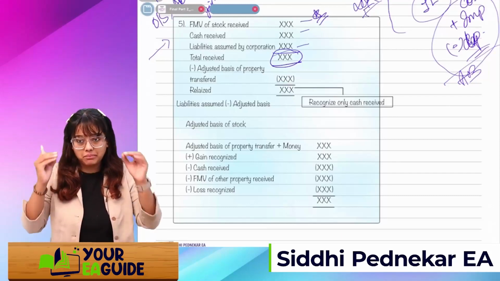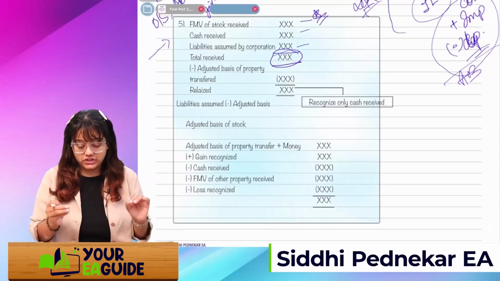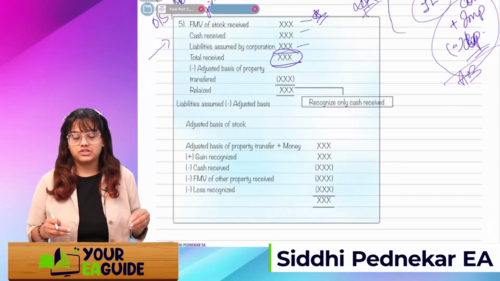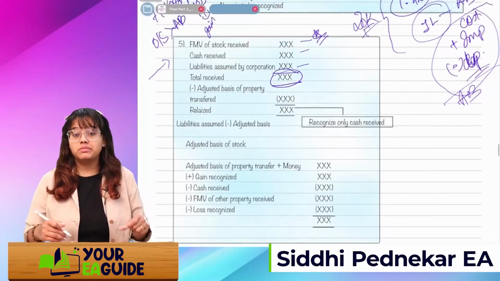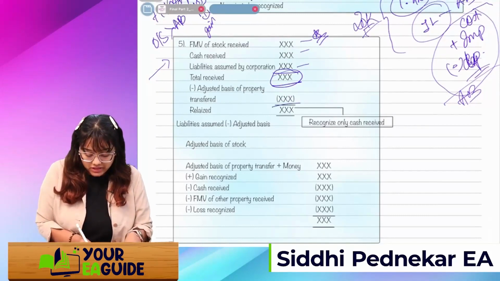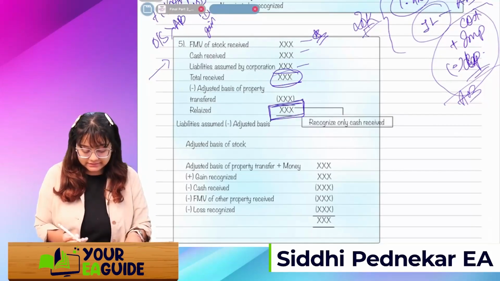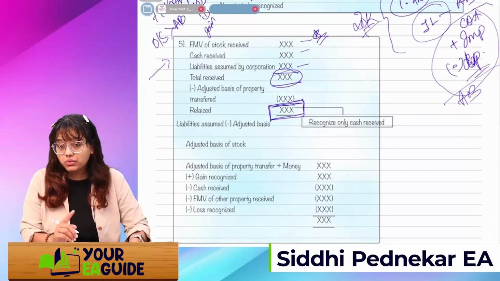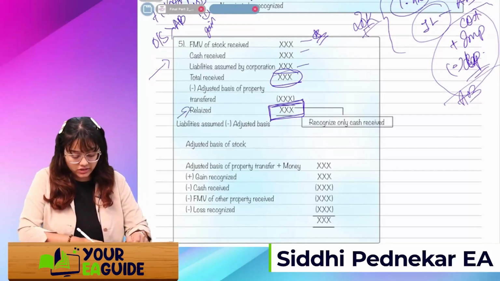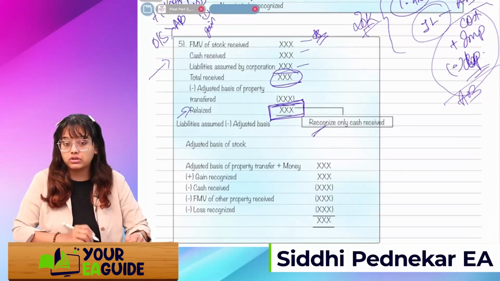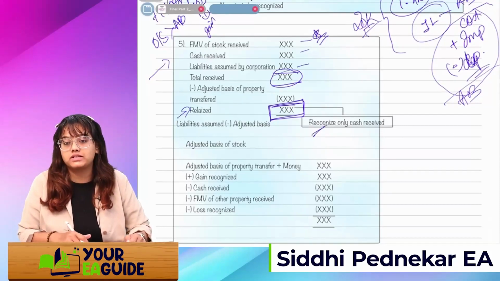See, this is a summary revision lecture. You should at least know the basic terms and terminologies of every word which we are going to use in our sessions. Adjusted basis of the property transferred, we'll reduce it. Then we come to an amount, which we can call the realized amount. See, the question will be twisted. They can either ask you what the realized amount is, or they will ask you out of this realized amount how much should be recognized.